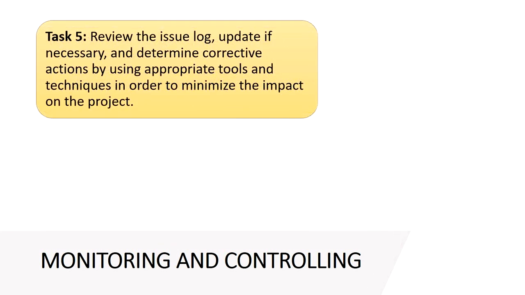Moving beyond this, go into task 5, review the issue log. Update if necessary and determine corrective actions by using appropriate tools and techniques in order to minimize the impact on the project. So, the issue log is a log of issues. It's different from the world of IT and ITIL specifically for those who are familiar with that framework where we discuss issues as being realized risks. Well, that's not the case in the world of the PMI.